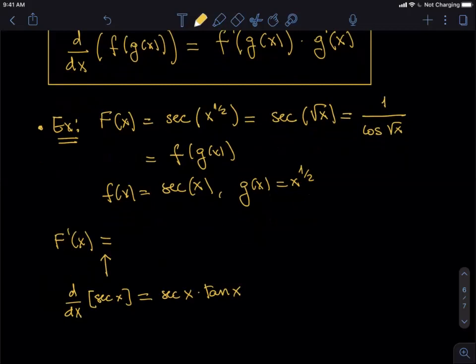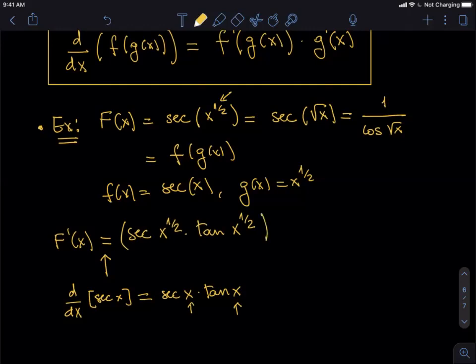Okay. So notice here that this is the secant of x, but here in the chain rule, it's the secant of x to the 1/2. So this is going to be the secant of x to the 1/2 times the tangent of x to the 1/2.